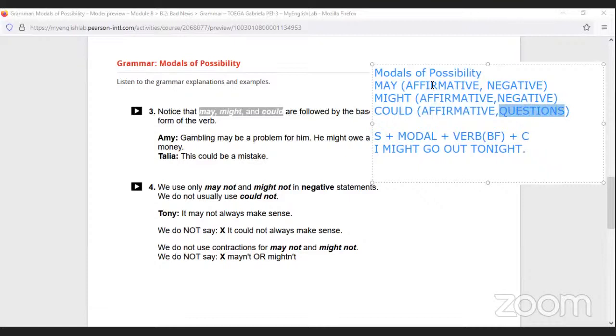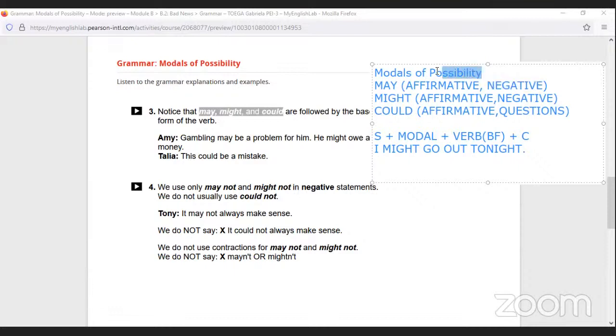But of course here, may we could use with affirmative and negative. We are not gonna use may with questions. We can use, of course, for example, may I go to the bathroom? But that is a modal of permission when we use it in questions, okay?